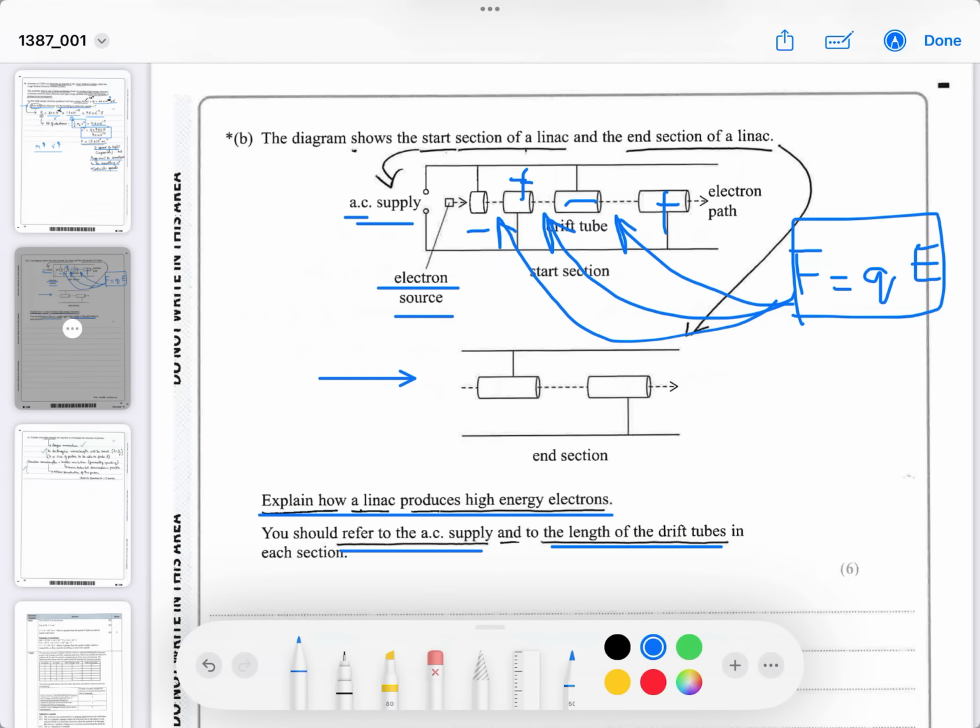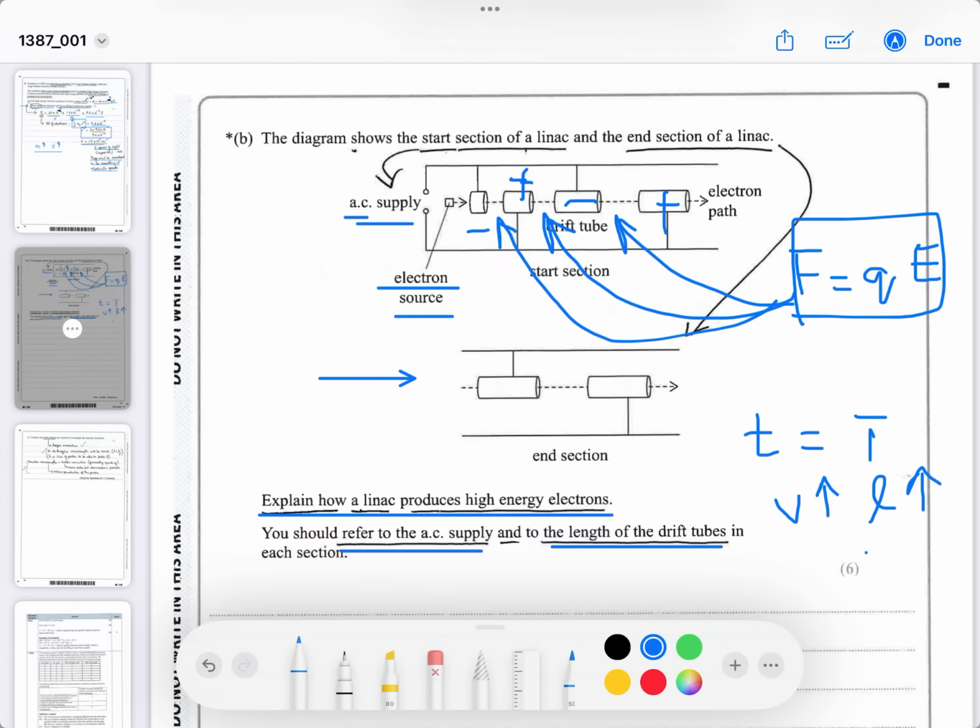The time spent in each drift tube will be the period of the AC frequency. So the time in each drift tube will be constant, so as the velocity goes up, the length needs to increase.